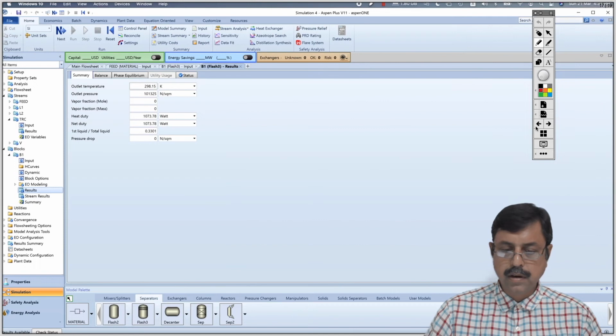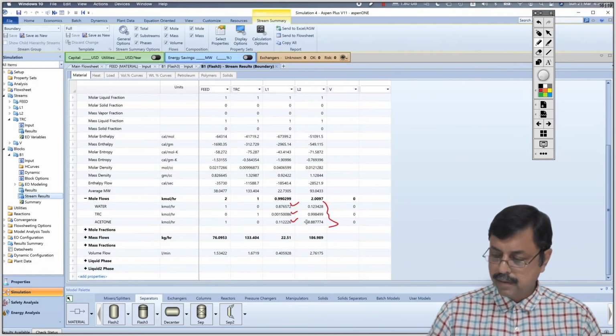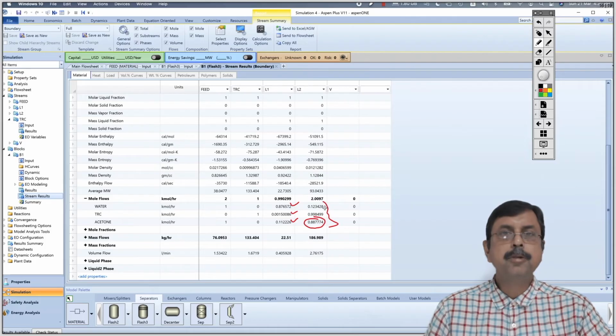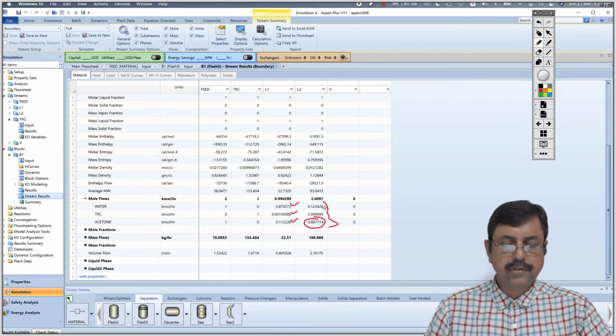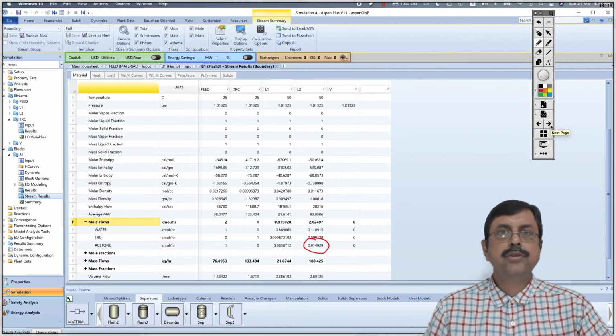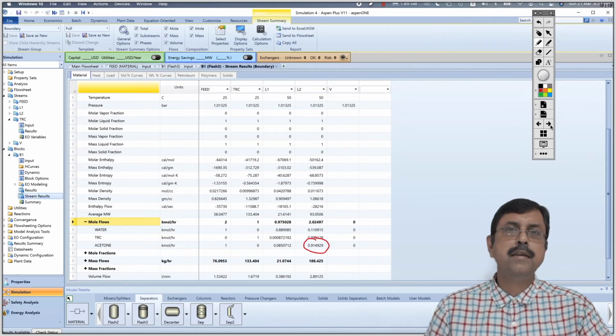But what happened for the previous case? It was 88.7744% of acetone. So you are spending 4 times the energy just to increase it from 88.77 to 91.49. So only a 3 or 4% increase, your energy requirement will be 4 times higher, which may not be advisable.